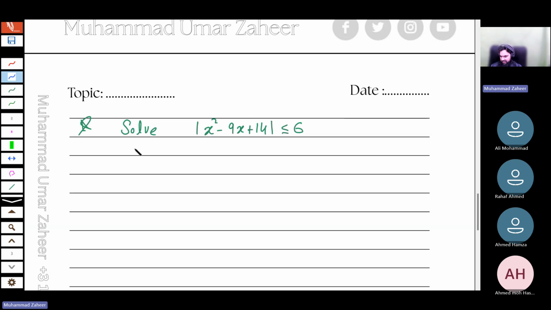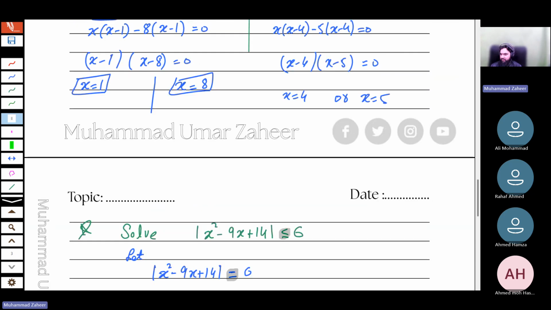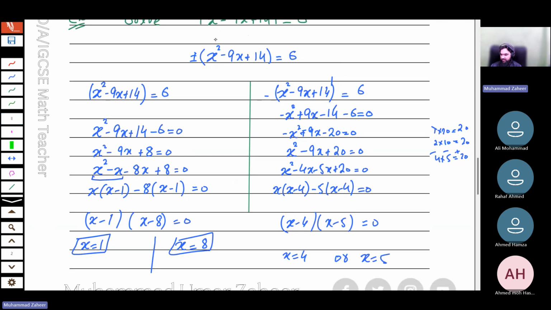There is one added step. We have x squared minus 9x plus 14 less than or equal to 6. So you make it equal. What I have to do is change the inequality sign into an equation, and then I'm going to solve it in the same way that I have done here.